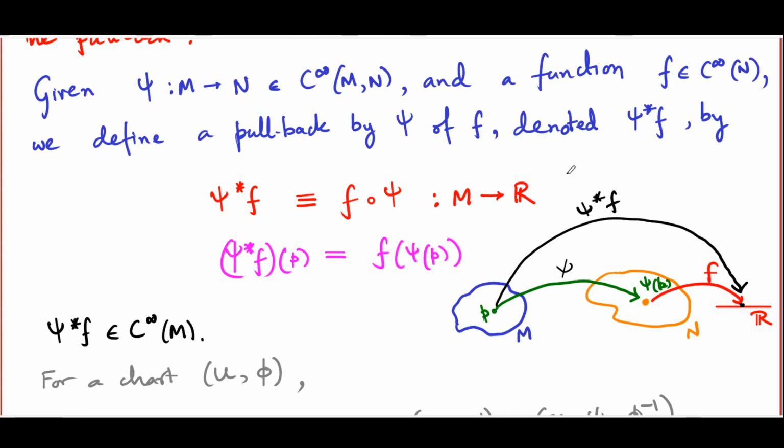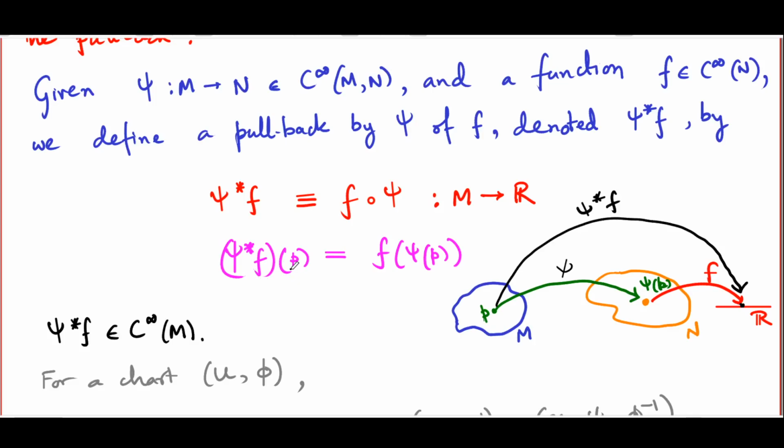So what does the pullback function do? It actually applies f after applying psi. So the pulled back function is a function on M, and acting on a point P of M, what it does is first applies psi to get psi of P, then it applies f to give you a point on the real line. So this is what psi star f is.